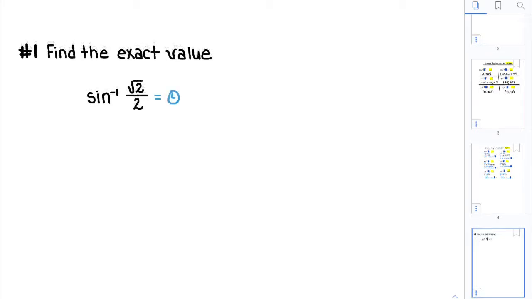In problem number 1, we want to find the exact value of sine inverse of root 2 over 2. If we want to find the exact value, this means you're not going to grab your calculator to find the answer. You want to use the unit circle. You don't want to settle for a rounded value of a decimal. Okay, remembering that the answer to all inverse trig functions is an angle measure, we might write equals theta.